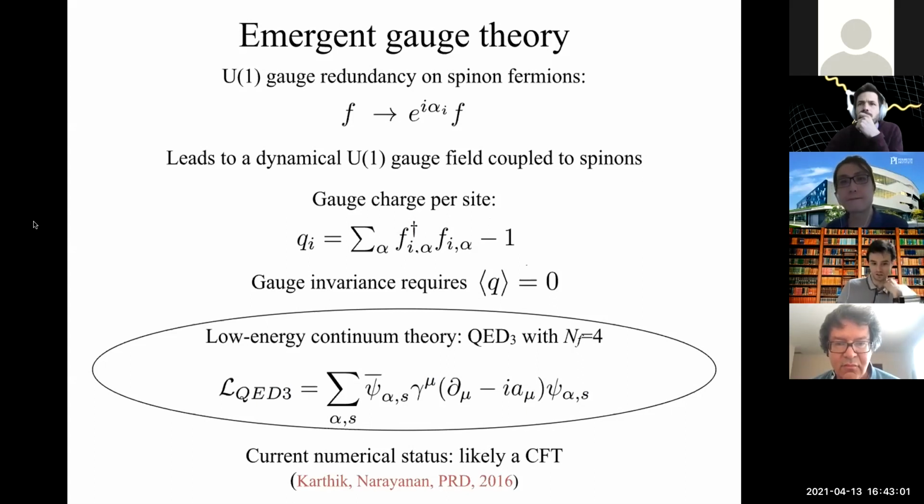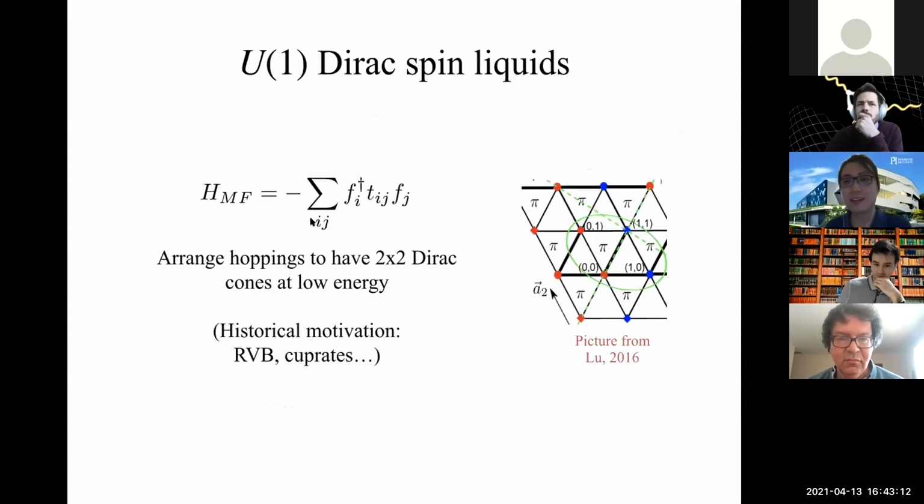But you say there are several ways to take this mean field? Oh yeah. For example, on the triangle lattice, you can take this mean field, or you can take no flux, in which case you get a Fermi surface and so on. Even if you want to get Dirac fermion, there may be multiple ways to do that.